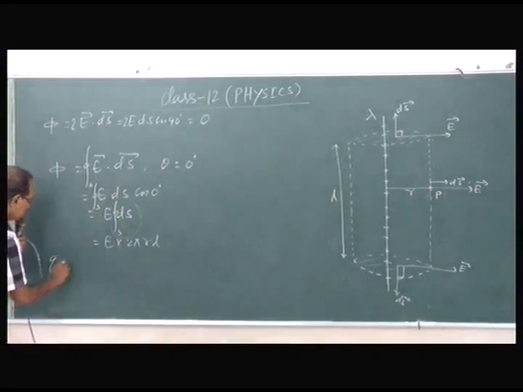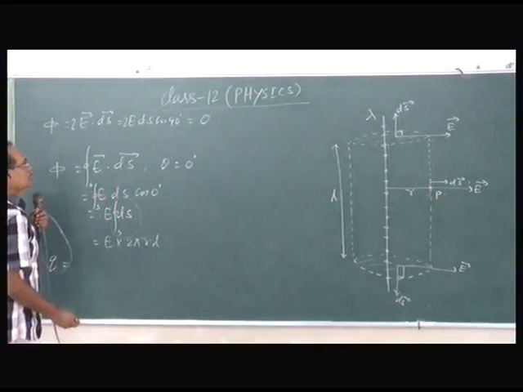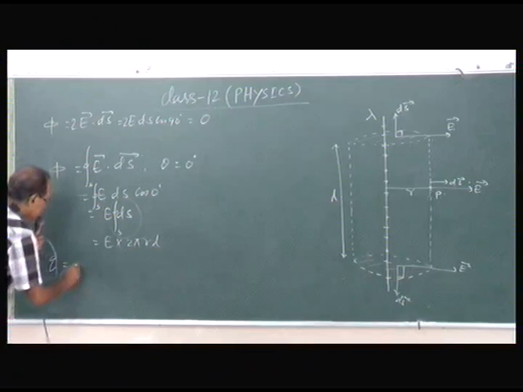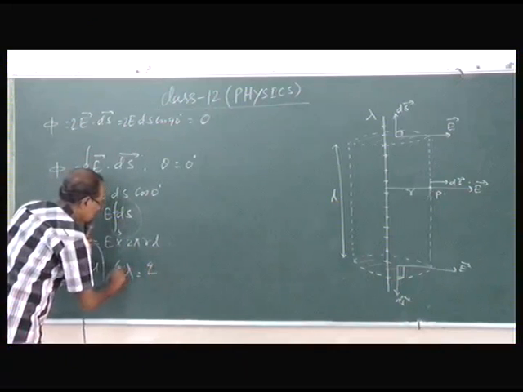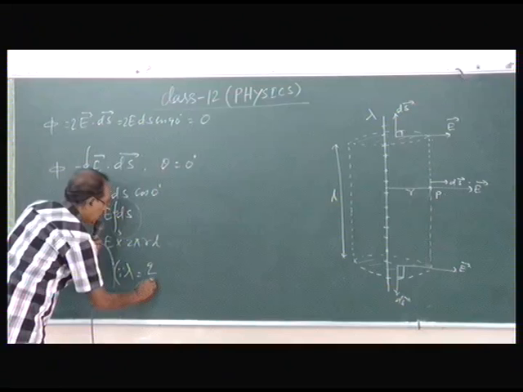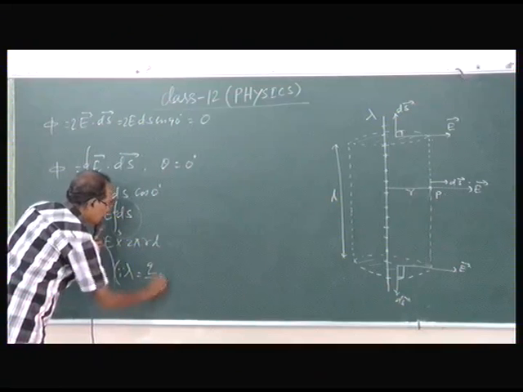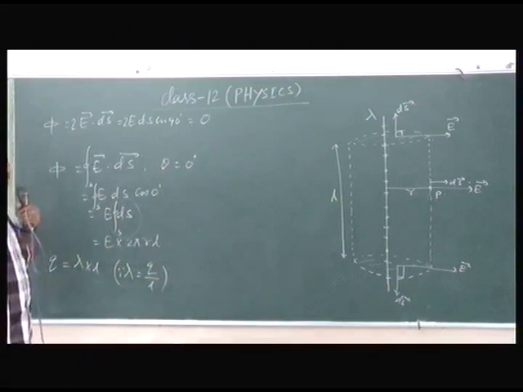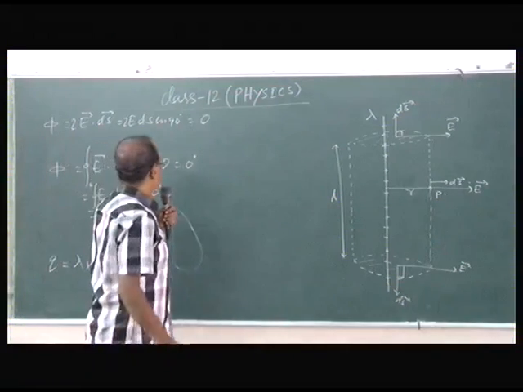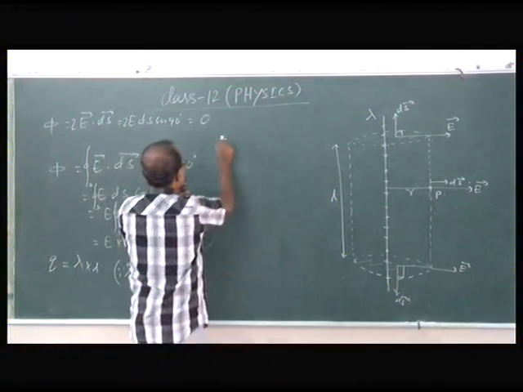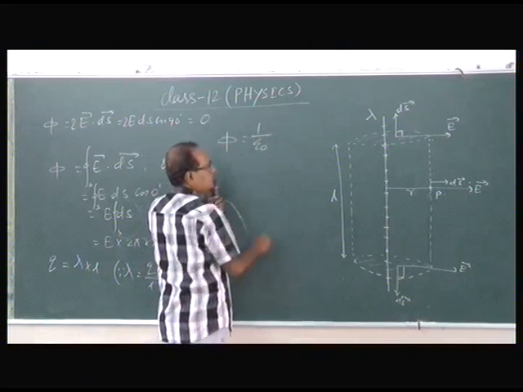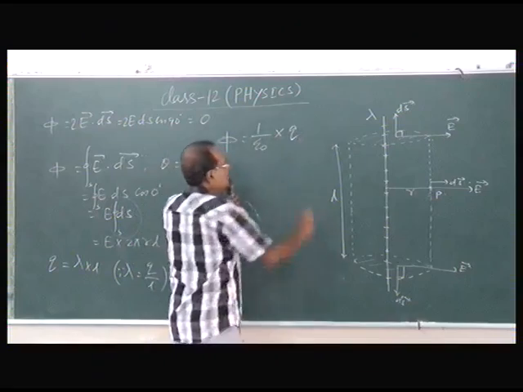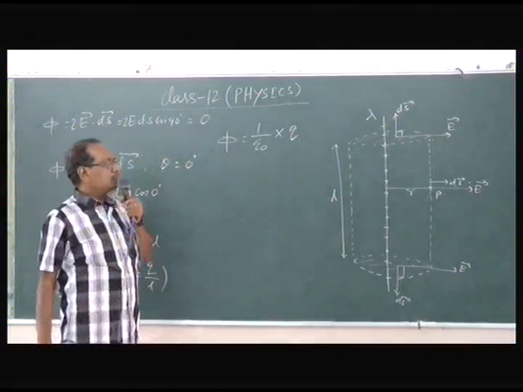Say it is Q, equal to lambda into L, because the charge density lambda equals Q by L. Now by Gauss's theorem, total electric flux equals 1 by epsilon naught into the net charge enclosed by the surface.